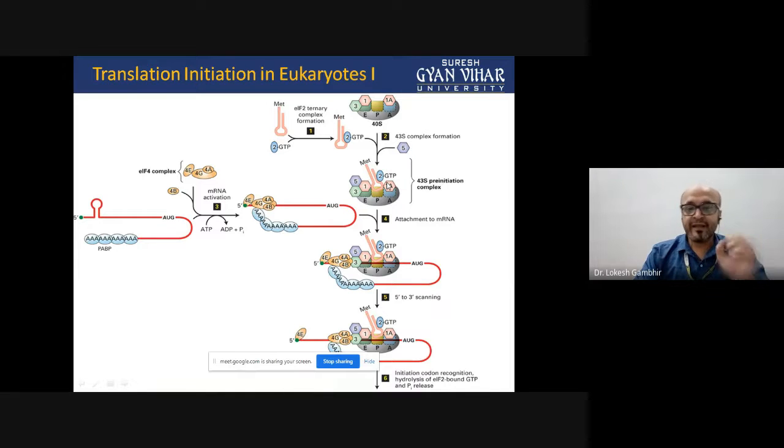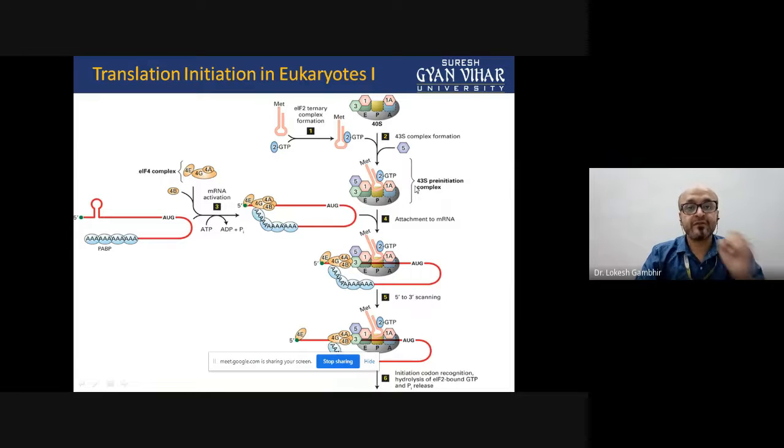Once the binding has been completed, we categorize this 40S ribosome unit in terms of the Svedberg unit, or the sedimentation rate. So when all these proteins, which are initiation factors, and the tRNA are getting attached to it, of course its sedimentation rate will increase. Now the 40S sedimentation is increased to 43S, and this is called the 43S pre-initiation complex.